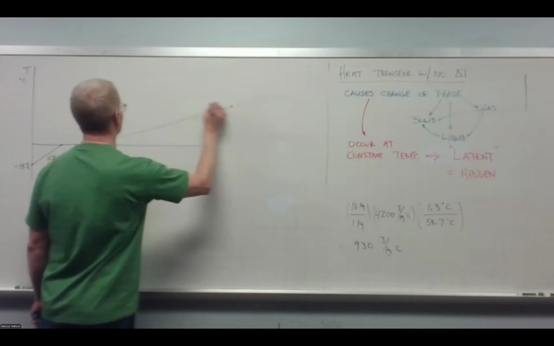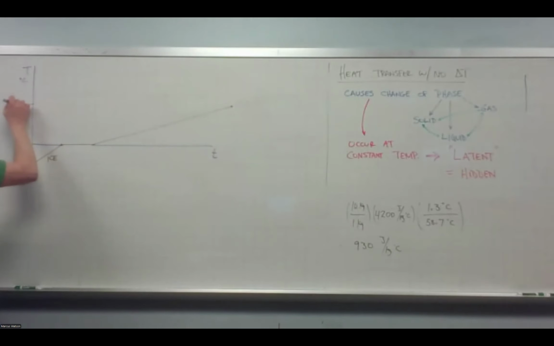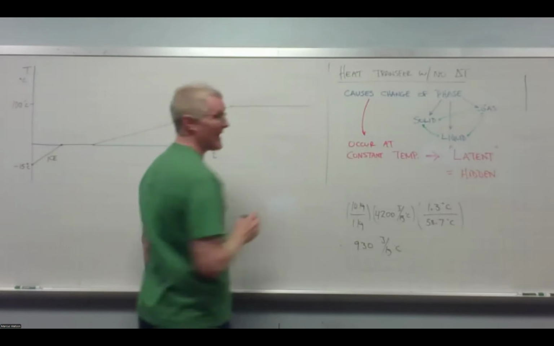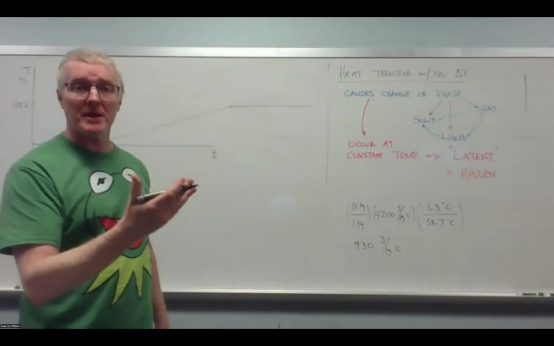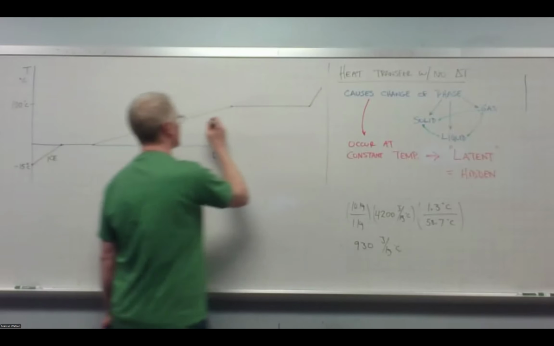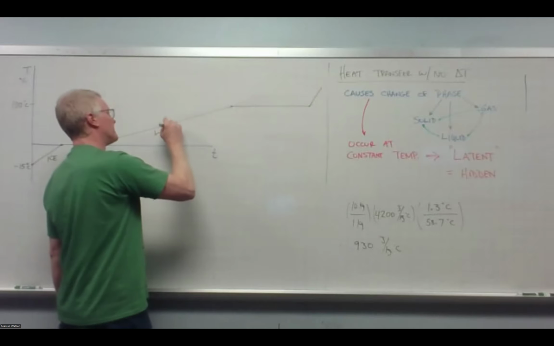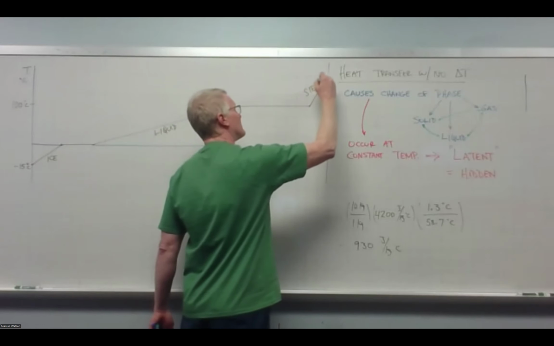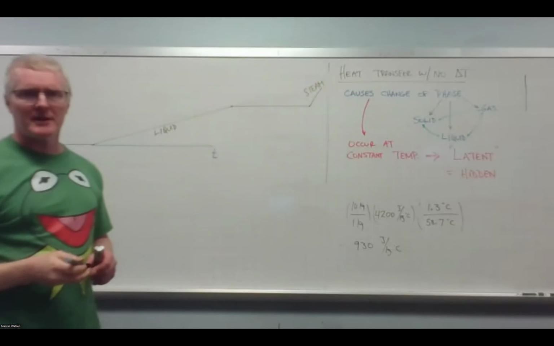And we get to here, which is 100 centigrade. I know my scale is not very good, but that's the way it goes. At which point it flattens out again, and now it's boiling, becoming steam. Like so.